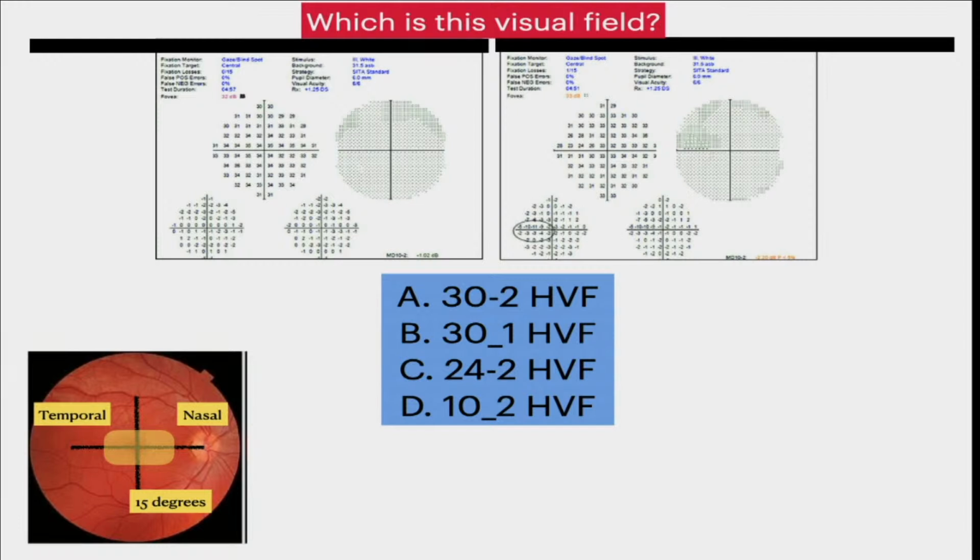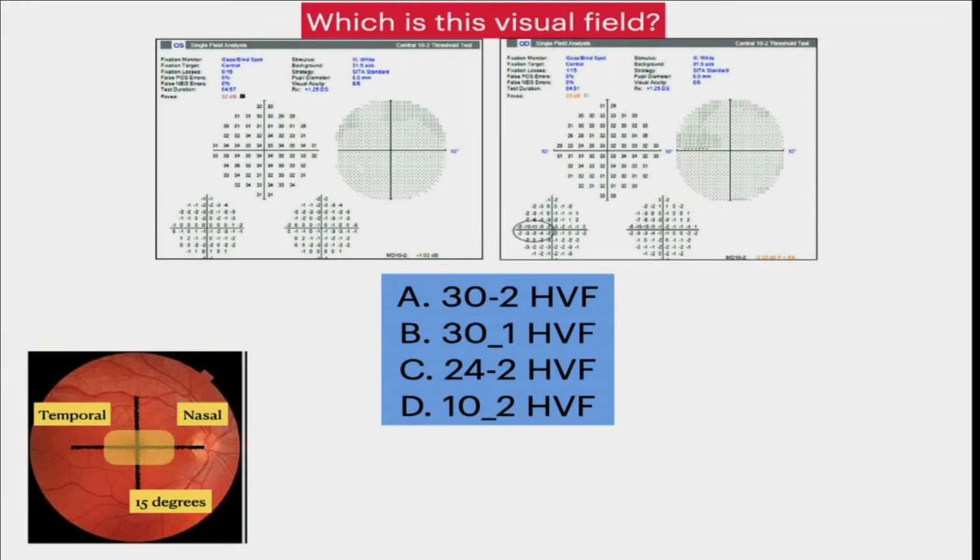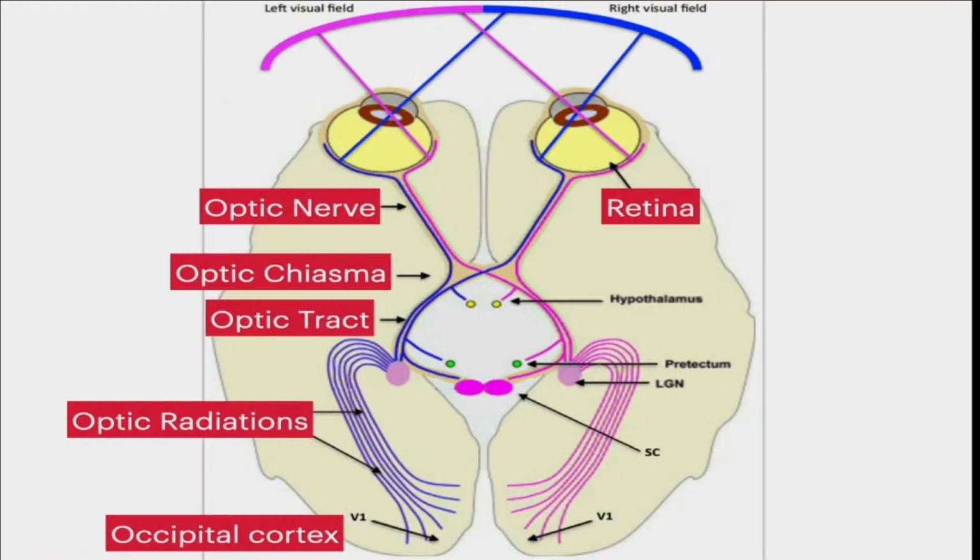Your disc is exactly 15 degrees, so it will not show the blind spot at all. So we should be aware of this exactly when the field is kept in front of us. And of course, you can take the parameters from the top to know what exactly is the right and the left eye. This kind of thing is needed in vivas, because sometimes we do get confused.